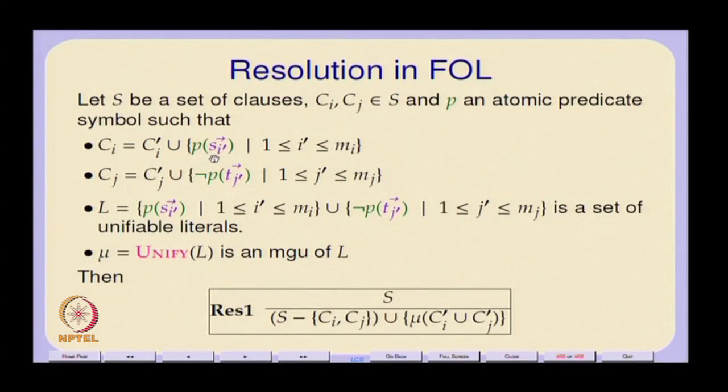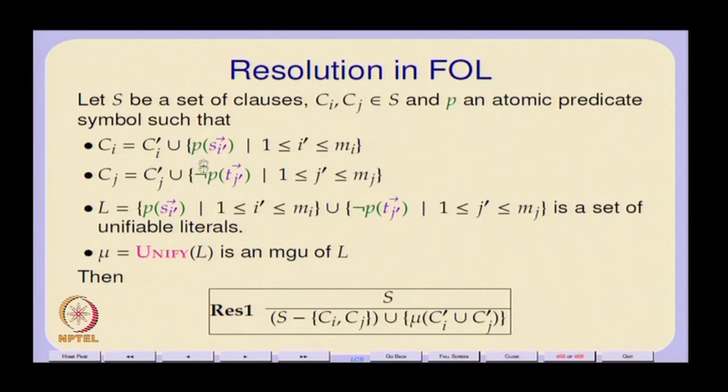By the way, this Si prime arrow signifies the tuple of terms. If P is an n-ary atomic predicate, this vector has length n, there are n terms there.